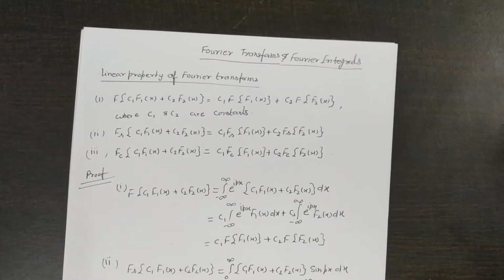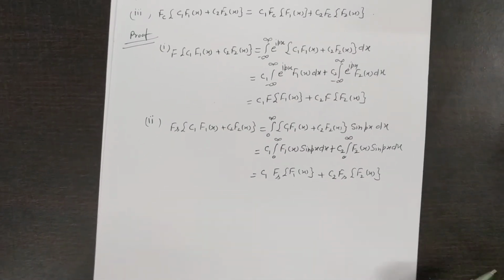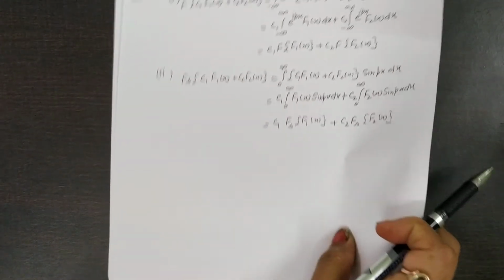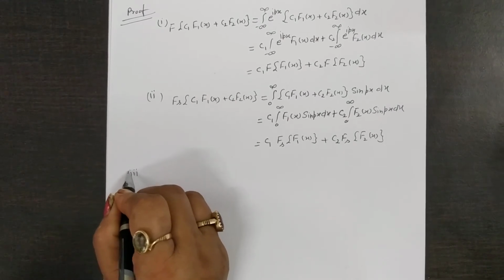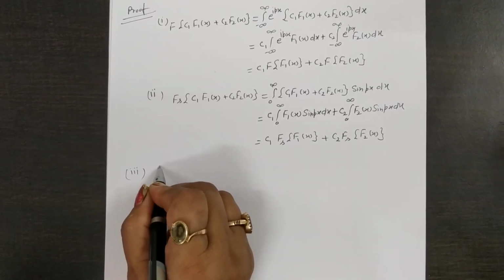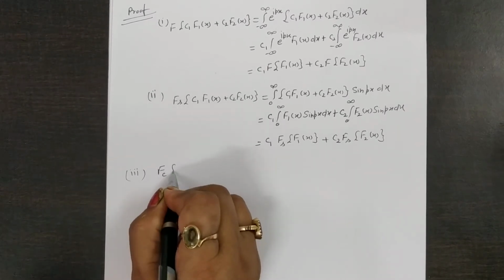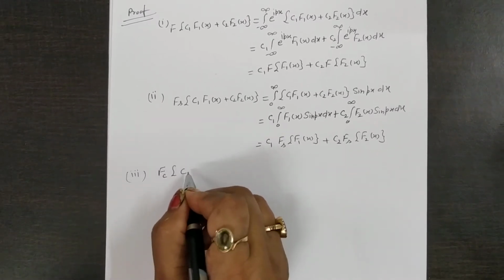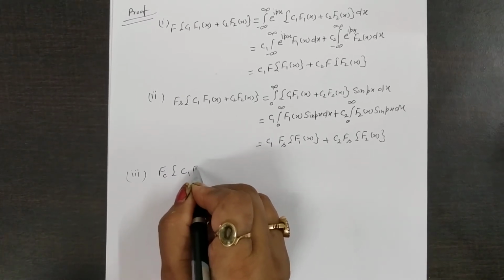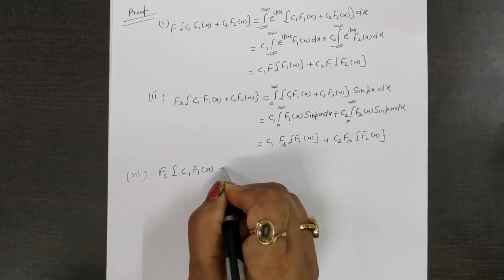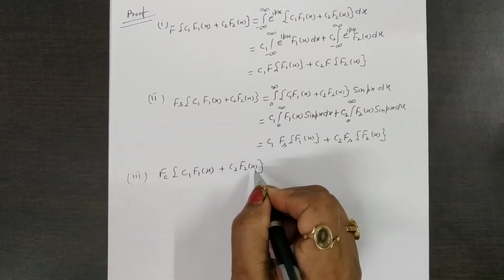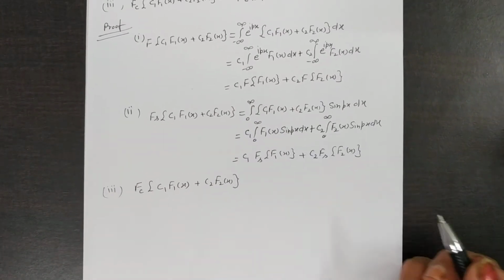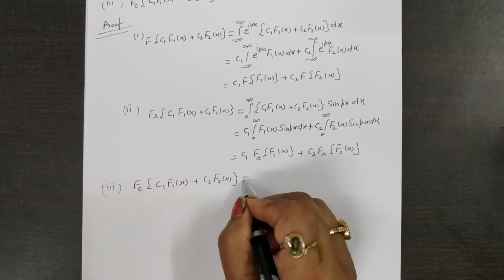Similarly, we can prove it for the cosine series. The third property is the cosine property. F_c[c1 f1(x) + c2 f2(x)]: here also we take the LHS and apply the definition of the cosine transform.